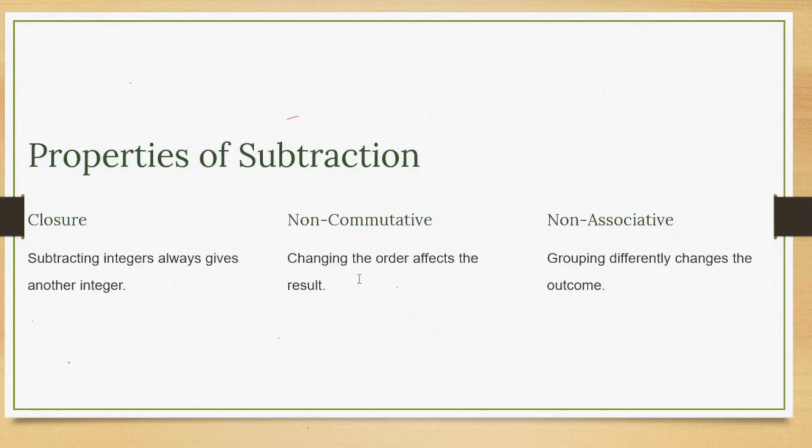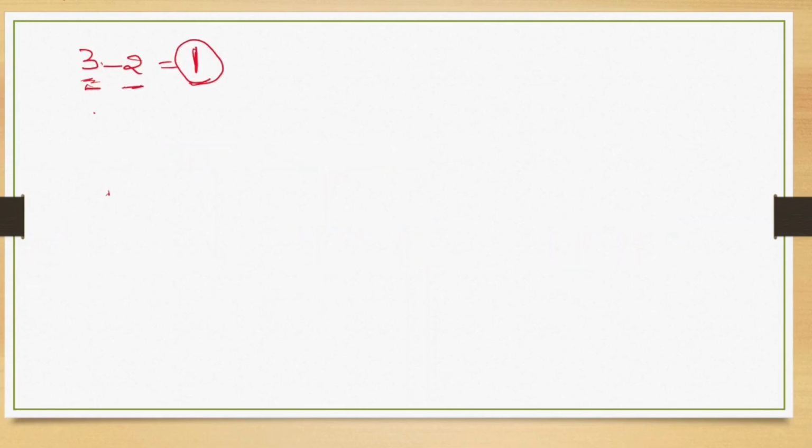Let's look at whether subtraction is commutative or not. Changing the order affects the result in the case of subtraction. Here, if we subtract 2 from 3, we get what? Yes, 1.